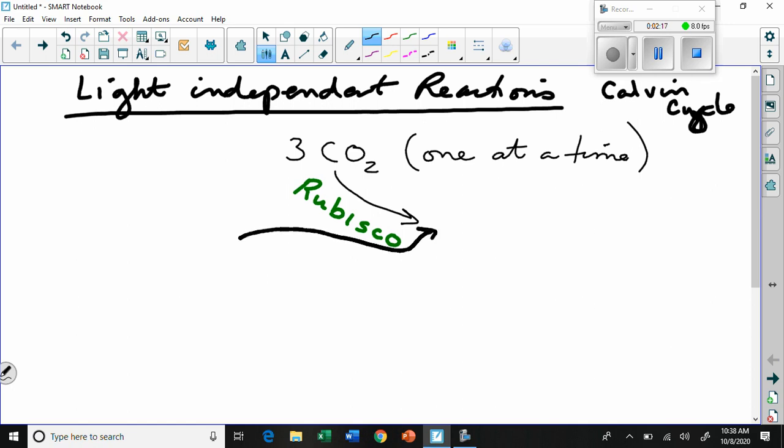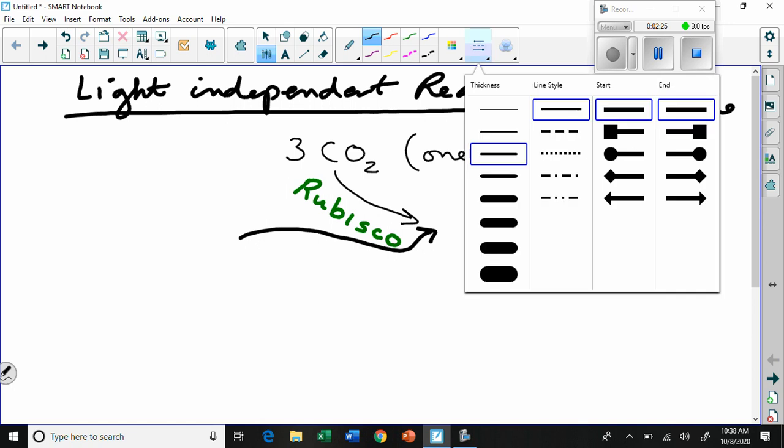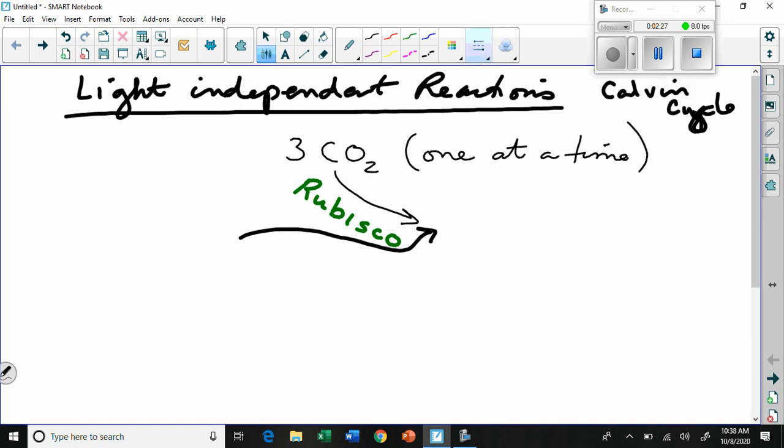And along with the presence of Rubisco, it's going to combine with the carbons and produce what's called a short-lived intermediate molecule. What's important is that it has 6 carbons. So it's a short-lived intermediate. That's what it's called. The reason we don't worry about it is because it's short-lived.